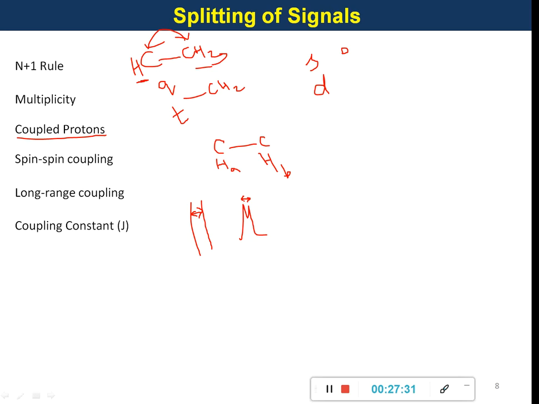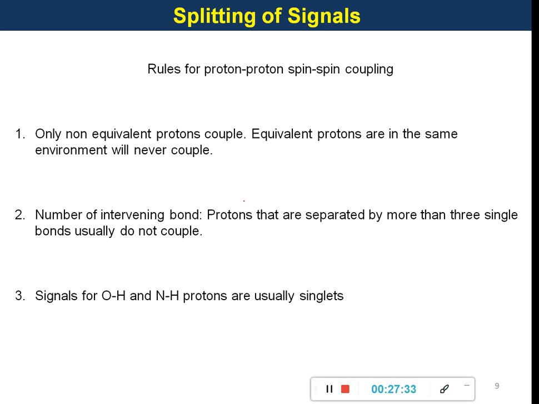So, what are the rules for proton-proton spin-spin coupling? Only non-equivalent protons couple. Equivalent protons are in the same environment and their signals overlap. So, only non-equivalent protons can split signals.